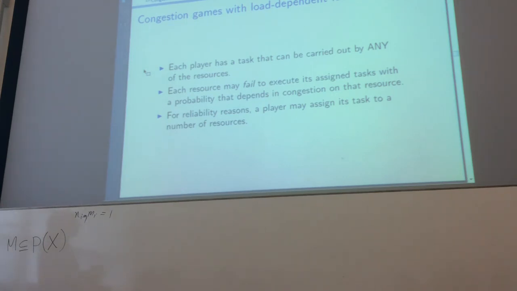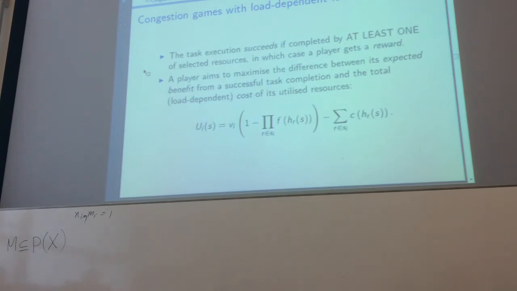Given possible failures, an agent would probably assign the task to more resources than actually needed. You need one, but you might assign your task to a few, hoping that at least one of them will execute the task. So task execution succeeds if there is at least one resource to which you submitted and it did not fail.